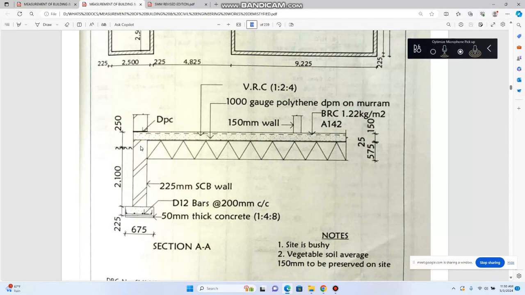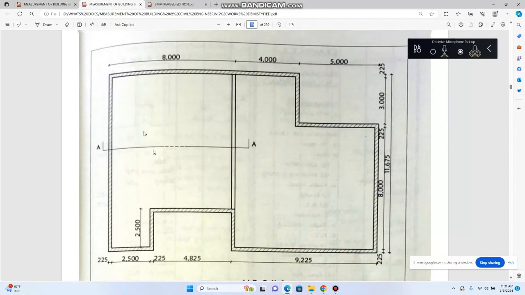But in some instances, you could be told to add some working space. In rare occasions, you could be told to add some working space as you measure for site clearance. So what you shall do, you shall take the external dimensions of our rectangle, then you add like 1000 on each side.